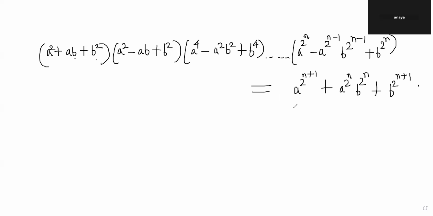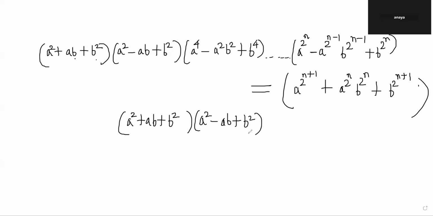The way to prove it is the same as before. You start off by saying (a^2 + ab + b^2)(a^2 - ab + b^2). That will give you the first identity, which is a^4 + a^2b^2 + b^4. Now replace the terms a with a square and b with b square.